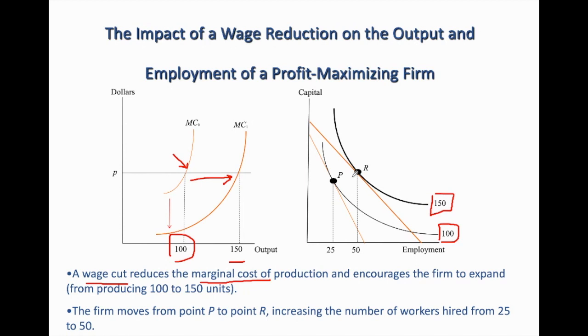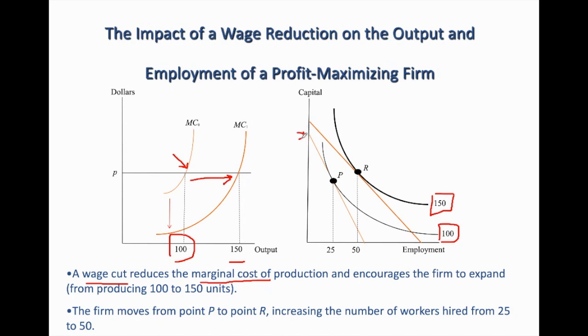However, when there is a reduction in the wage rate, we know that would flatten our isocost. But here, because we are no longer considering that this firm would maintain the same cost outlay, you will find that this new isocost becomes flatter, but it is not rotating on one single point, for example.